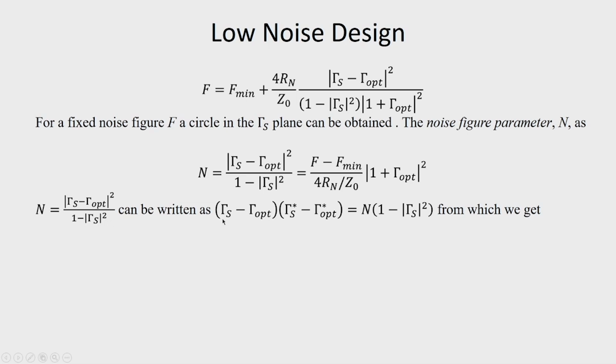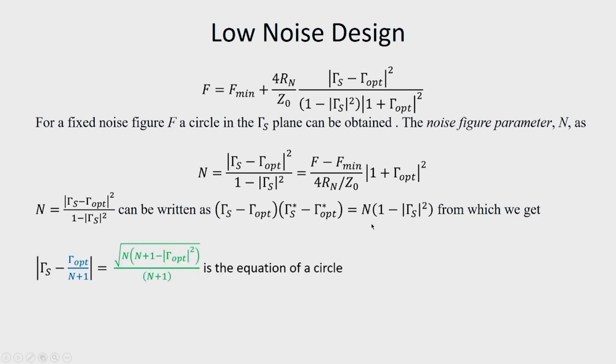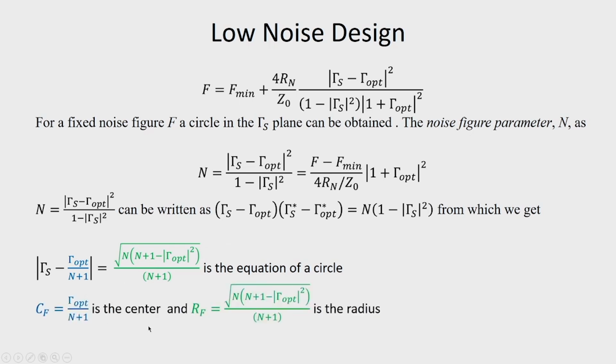It can be written in this form: gamma s minus gamma opt into gamma s conjugate minus gamma opt conjugate is equal to n into 1 minus magnitude of gamma s square, and from this expression we can actually get the equation of a circle, and the center of this circle C f is gamma opt divided by n plus 1, and radius of the circle R f is given by square root of n into n plus 1 minus gamma opt square divided by n plus 1.